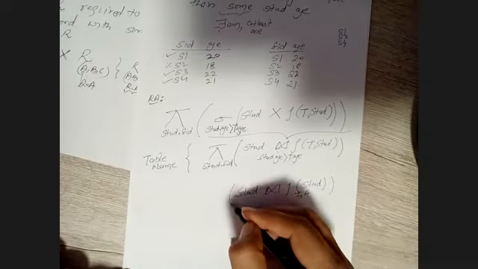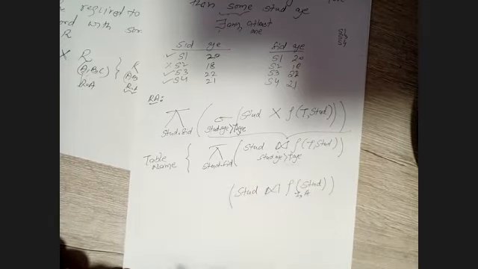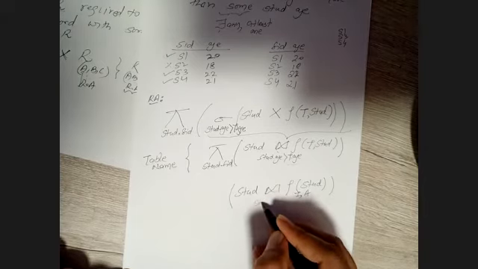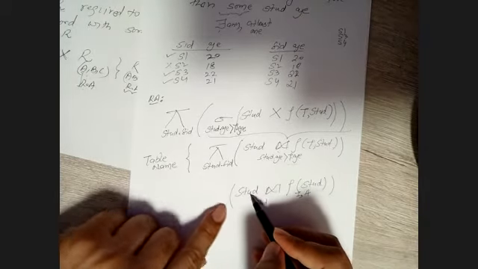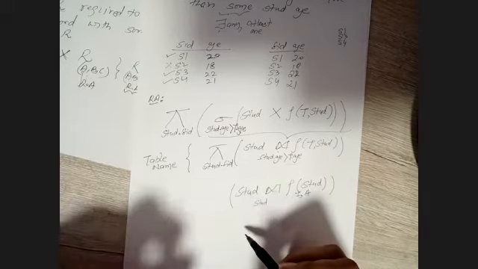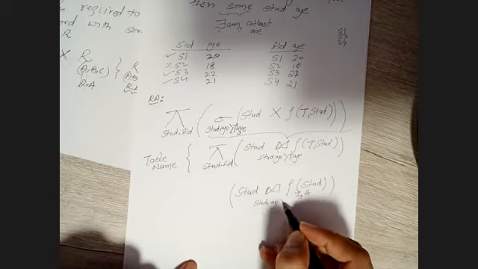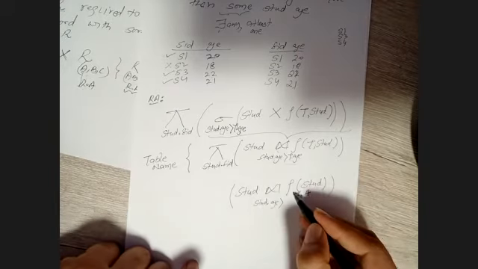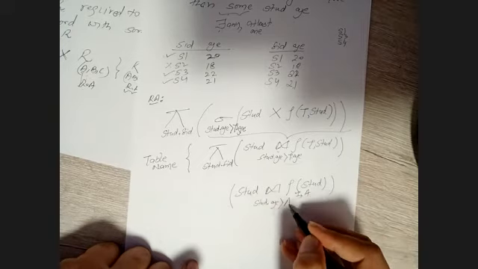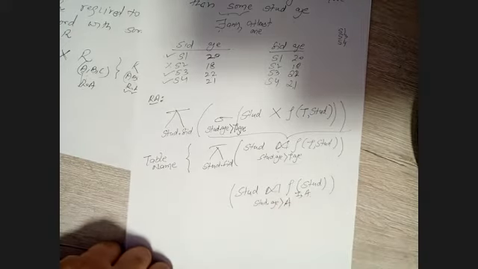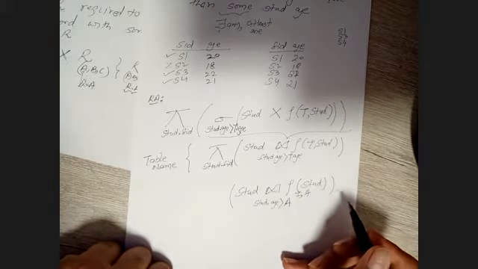Since this is a conditional join, I need to write the condition as well. What will my condition be? In this table we have the student attribute age here. Student dot age should be greater than, and in this table my age is defined by the attribute capital A, so I will write capital A here. You can even write student dot A, but it means the same.